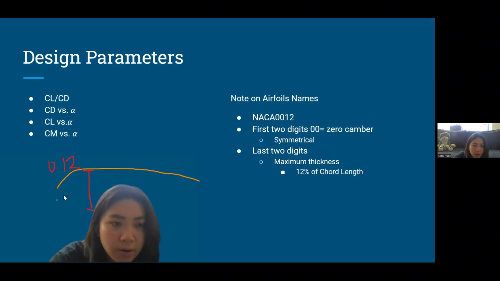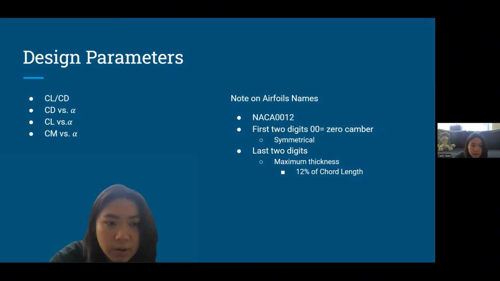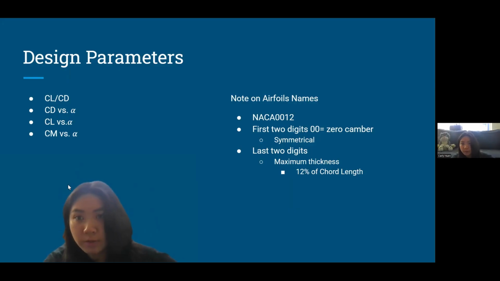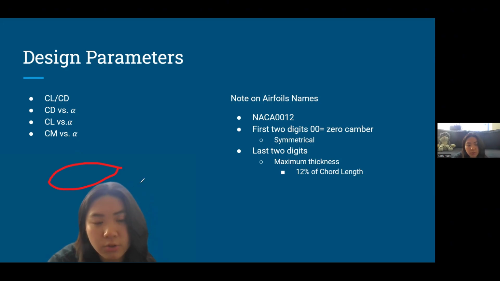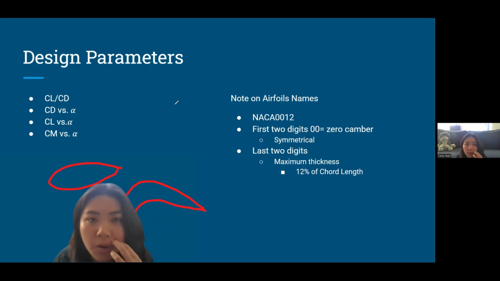And a sidebar. I totally forgot about talking about this, but I'll talk about it now. In general, there are two types of airfoils: symmetrical and non-symmetrical. Let me draw that out. So you got your symmetrical, and then your non-symmetrical. Why is that the case?